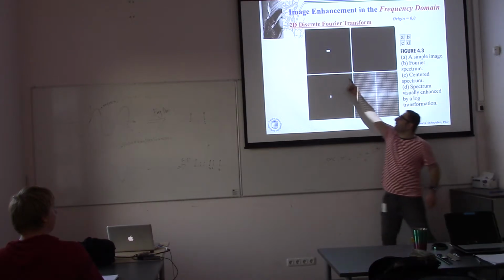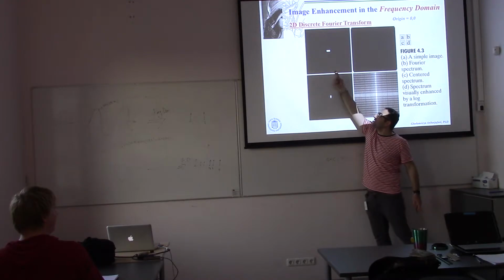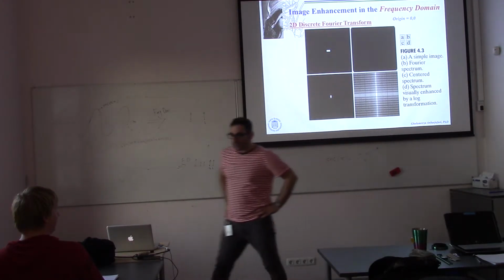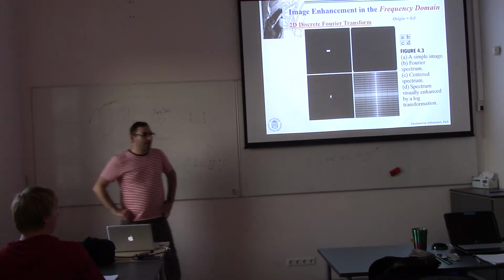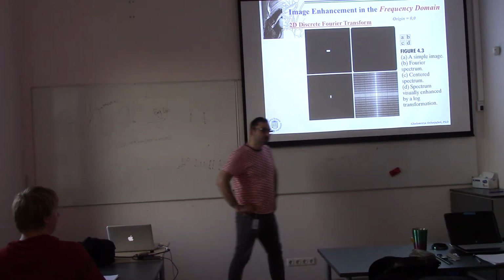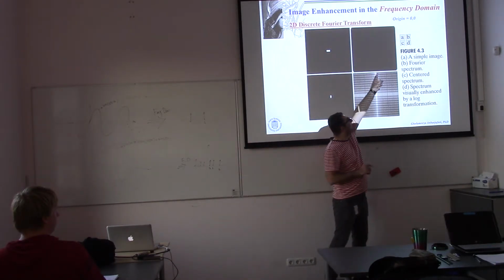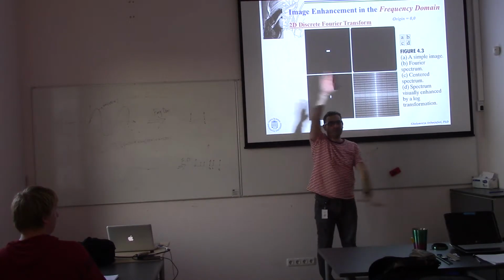If this is the image in the spatial domain, how does the frequency representation look like? Periodic. Yeah. We have 4 corners. What happens is that we have this, which is repeating everywhere.